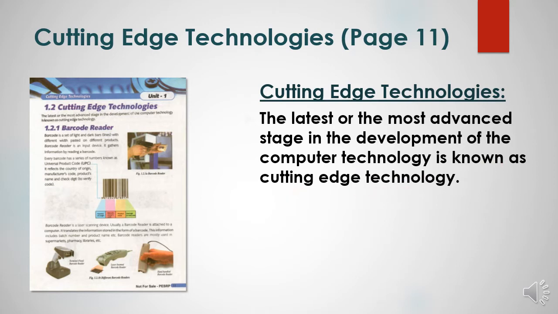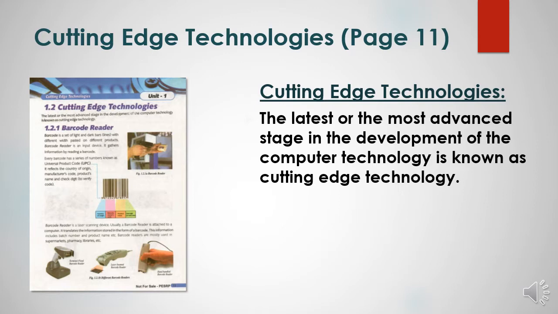So cutting edge technology refers to the technological devices, techniques, or achievements that employ the most current and high-level IT development, like smartphones, health monitoring technologies, tablet computers are examples of cutting-edge technology.